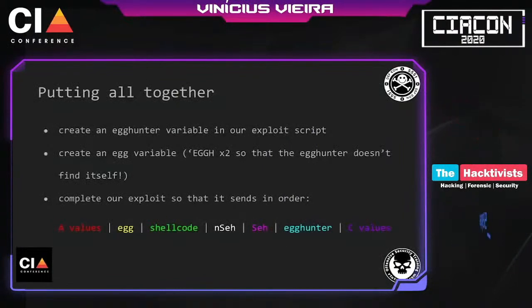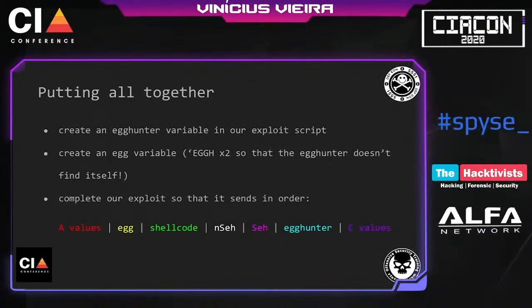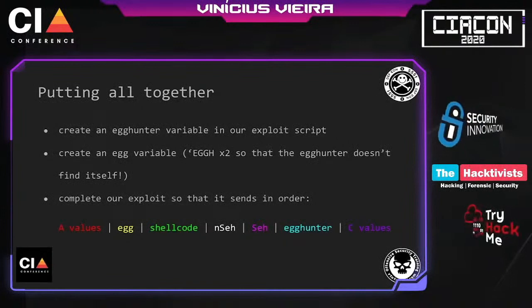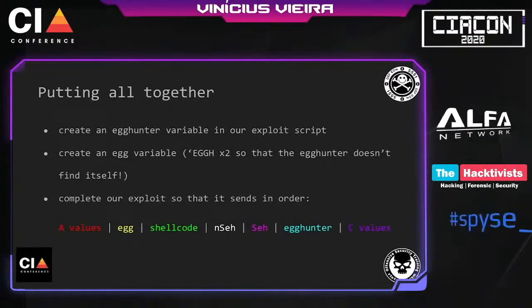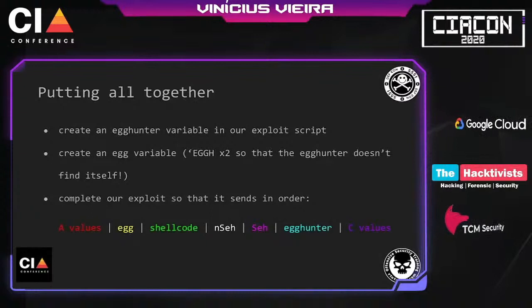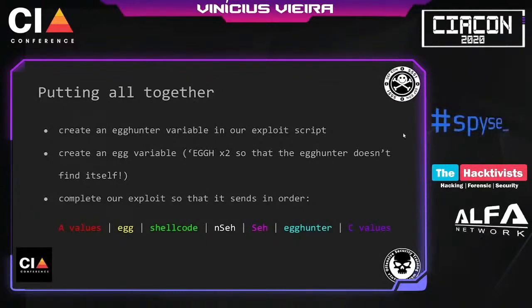Let's see how it looks in our exploit. We need to create an EggHunter variable in our exploit script. We create an egg variable or egg tag. We completed our exploit so that it is sending this order: A values, egg, shellcode, NSEH, SEH, EggHunter, and C values.